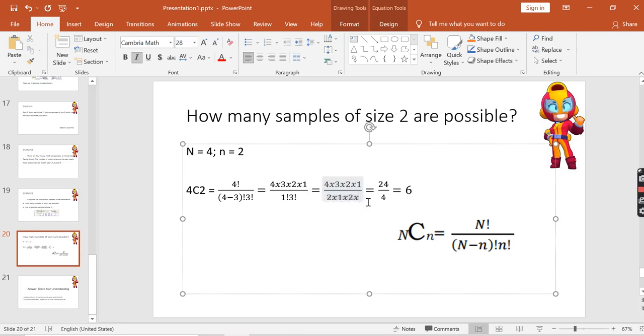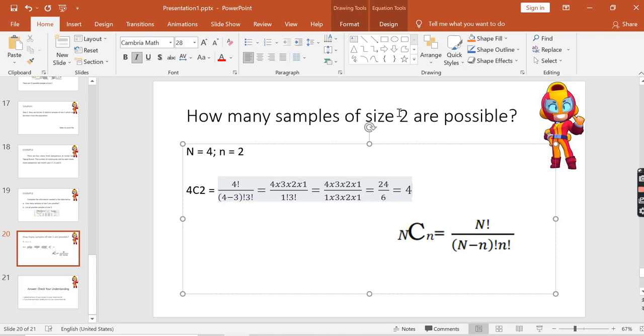Alright, so let's try to fix this. So 1 factorial is just simply 1, and 3 factorial is 3 times 2 times 1. Okay? So simplifying the numerator, we will still get the same, that's 24. And on the denominator, we will have 1 times 3 times 2 times 1, which is, okay, good, 6. 24 divided by 6 is, alright, 4.